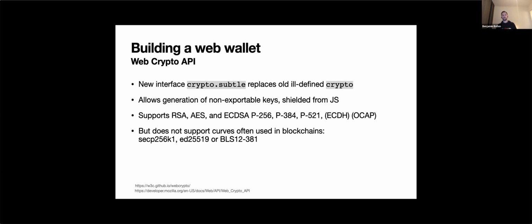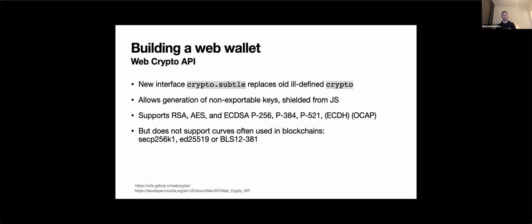There is some good news, namely since 2017, the W3C released a recommendation for browsers to improve the crypto API that was available, but was largely ill-defined across browsers, with a standardized crypto.subtle API. What's interesting is that it allows you to generate non-exportable keys. So you can sign with them or encrypt and decrypt, but you cannot export the raw key data to the JavaScript code if you generate them as such.